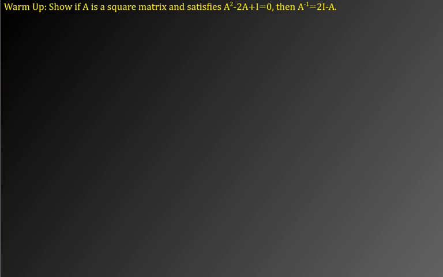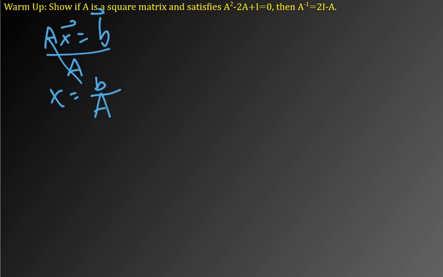Students always ask, can you divide matrices? And you can't divide them. But if you have a matrix times a vector equals another vector kind of problem, in algebra 1 you literally do, okay, I'm going to divide by A, and then this cancels and X equals B over A. So this is where the notation comes from, because this is basically B times 1 over A, or B times A to the negative 1.